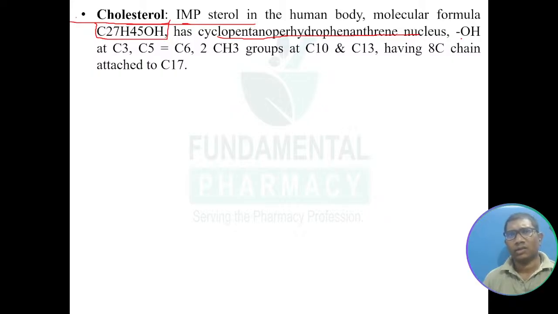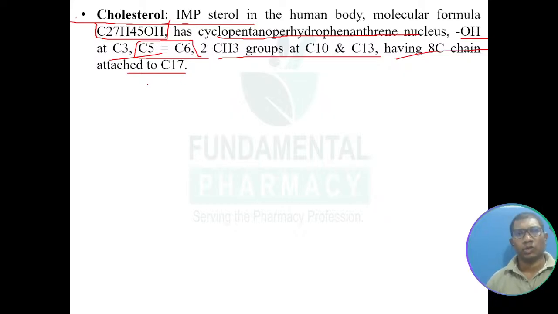Now there are some features. There is one hydroxyl group at carbon number 3, carbon number 3 के ऊपर एक hydroxyl group है. There is a double bond between carbon 5 and 6, 5 और 6 के बीच में डबल बॉन्ड है. There are two methyl groups at C10 and C13, and there is an 8 carbon chain attached to C17. इसके ऊपर भी क्वेश्चन आ चुका है: कितने हाइड्रोक्सिल ग्रुप है?